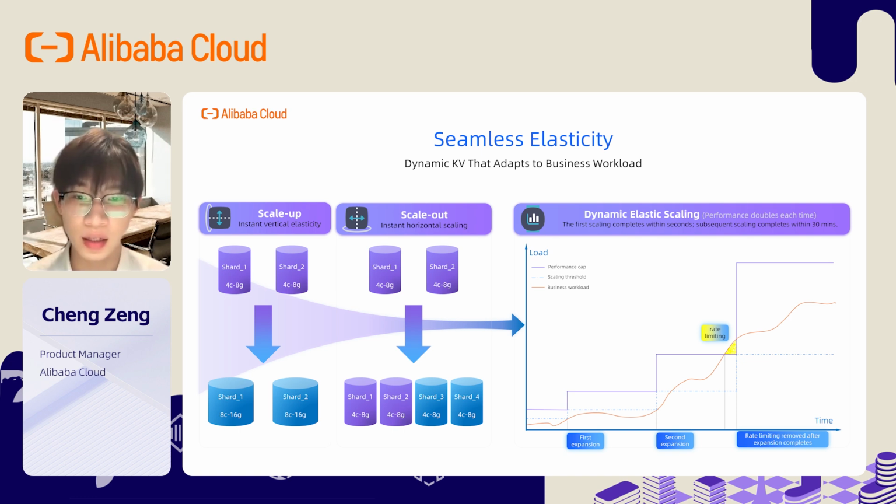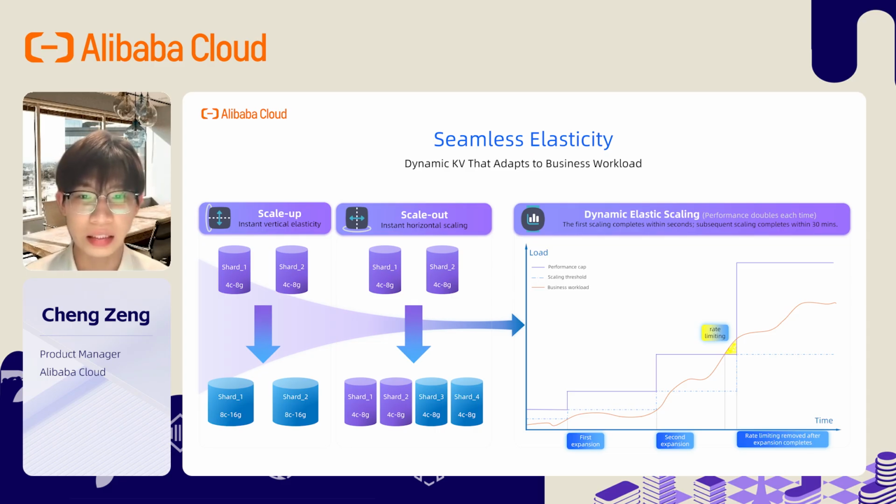And here's the key. As the number of shards changes, the data is automatically rebalanced in the background with zero impact on the user. So you do not need to worry about it at all. And you can see the diagram on the right to help you understand the real elasticity and responsiveness of the serverless KV.